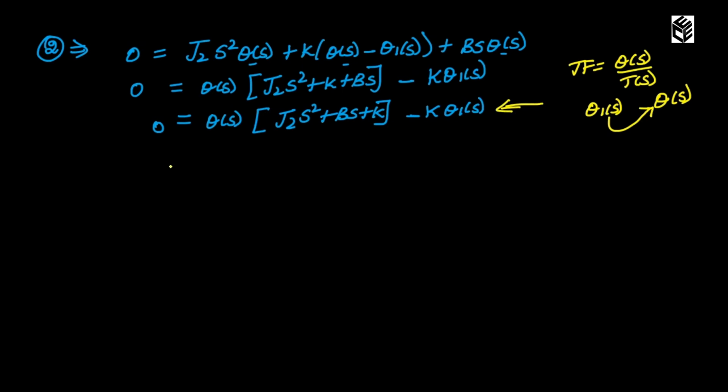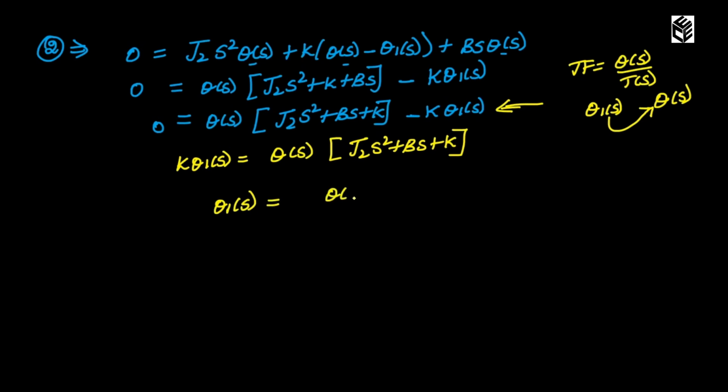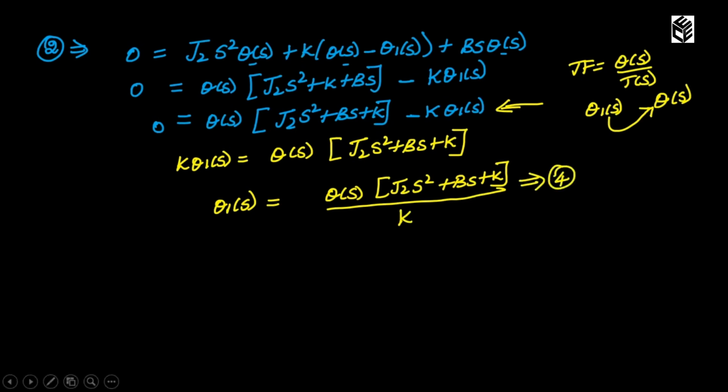Now, K into theta 1 of s is equal to theta of s into J2 s square plus Bs plus K. So, theta 1 of s is equal to theta of s into J2 s square plus Bs plus K, divided by K. I am going to take this as equation number 4.